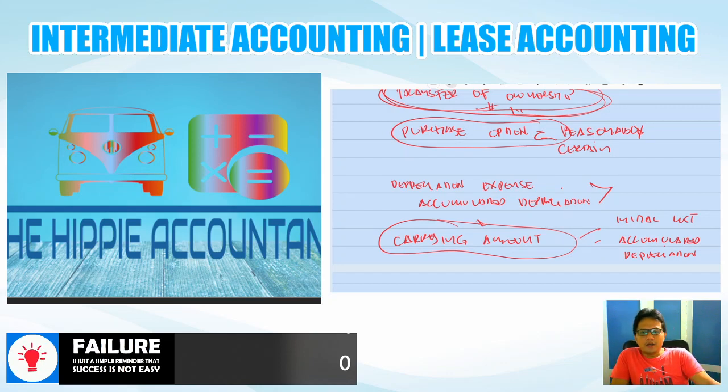The next question there is, alam na natin that it is to be presented in the statement of financial position because it is an asset. But where in particular in the statement of financial position or the balance sheet?